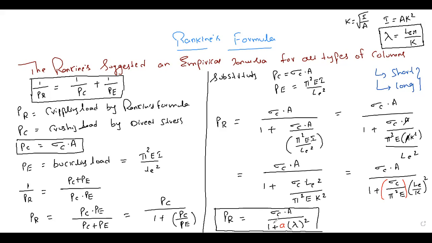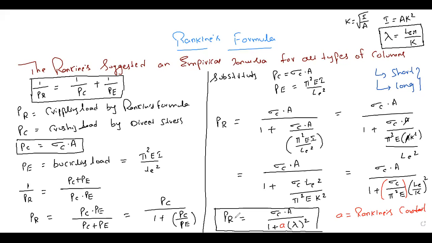Sigma C into A by 1 plus small a lambda square. So this is your Rankine formula, where small a is the Rankine's constant, lambda is the slenderness ratio, capital A is the cross-sectional area, and sigma C is the direct stress.